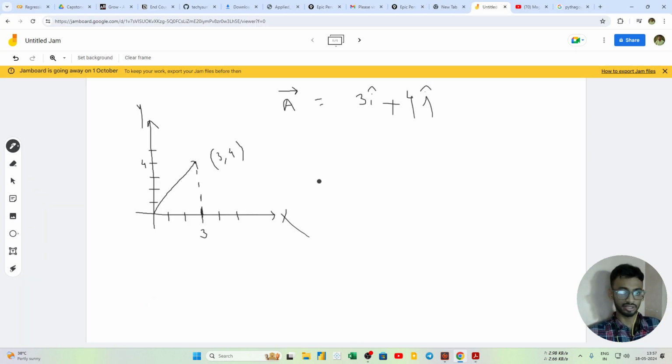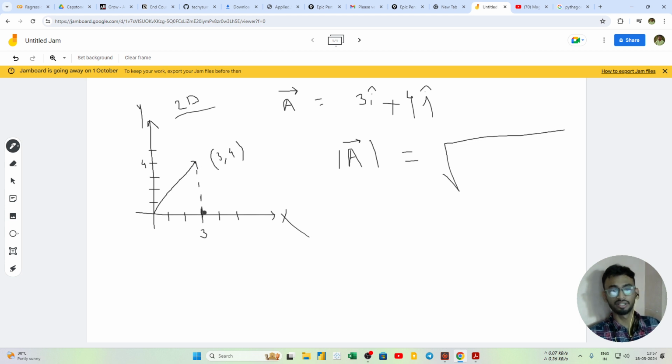For example, here you see (3, 4) is a vector in 2D space, and is represented as 3i plus 4j. Then the magnitude of the vector A is denoted by this symbol. Here in the graph we can see that this vector forms a triangle.